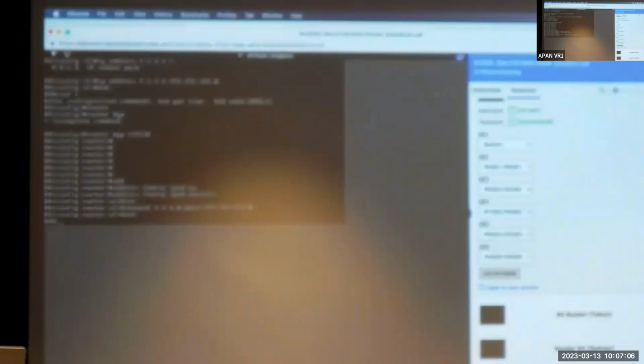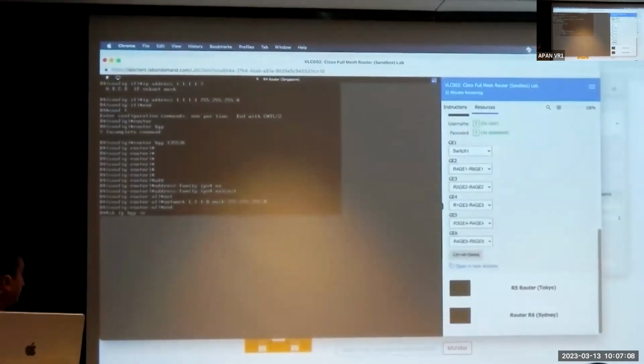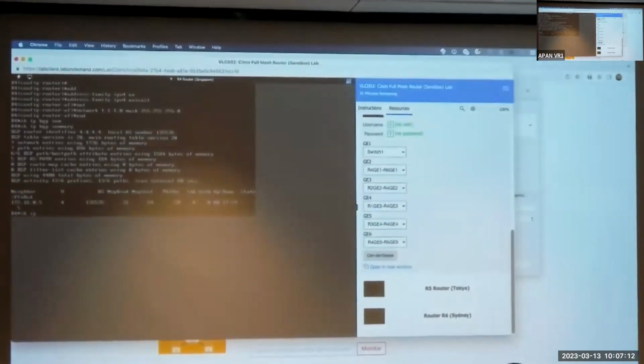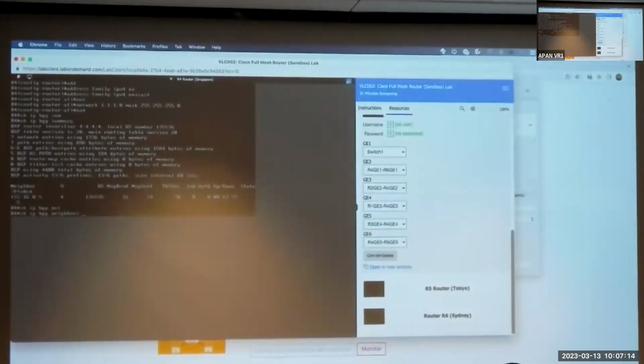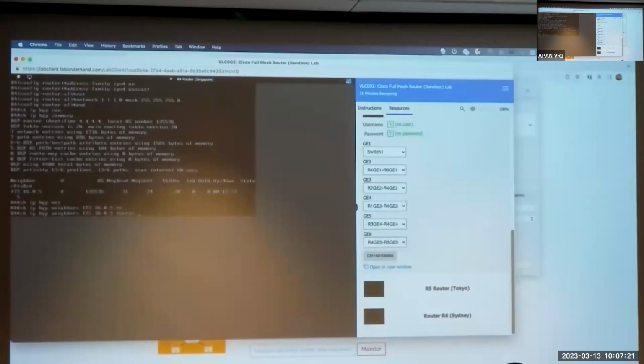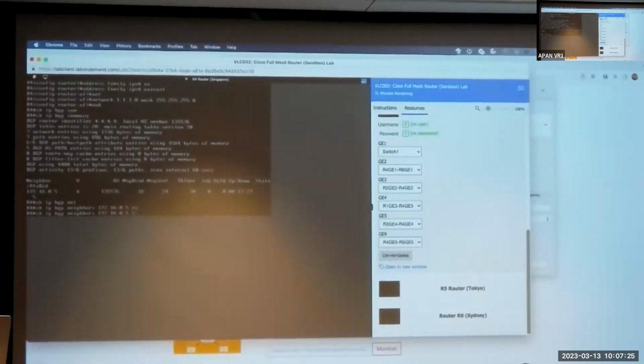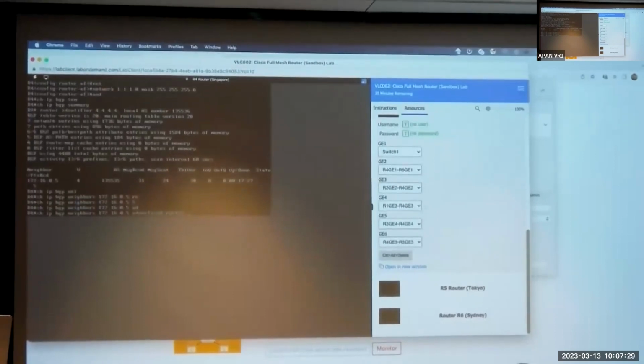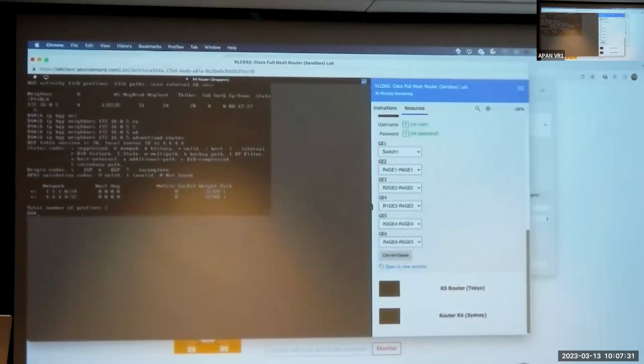So now if I see show ip bgp summary, BGP neighbor 172.16.0.5, advertised. Right, so now I'm announcing 1.1.0.0/24 from R4.